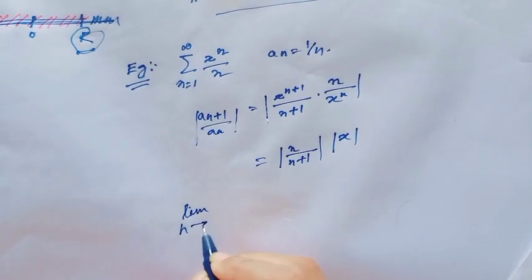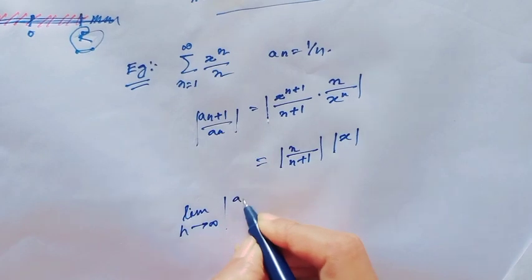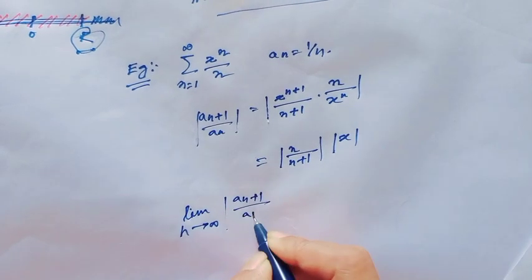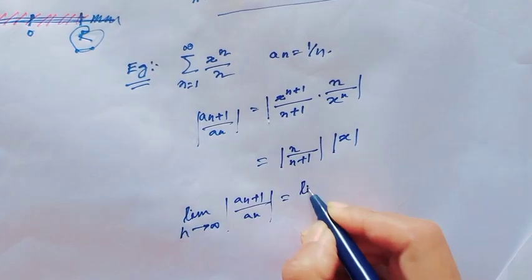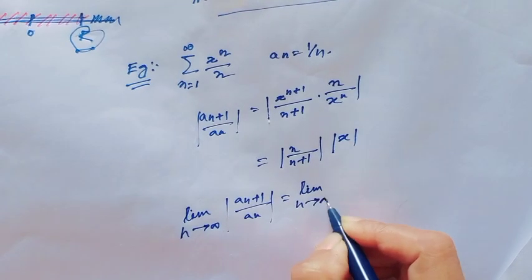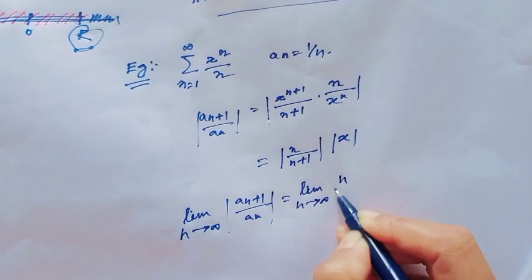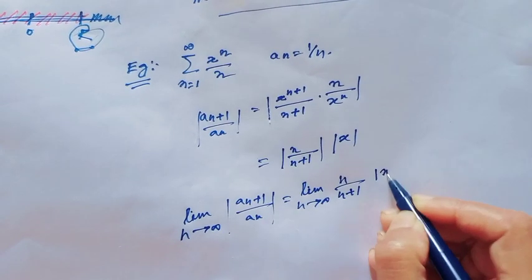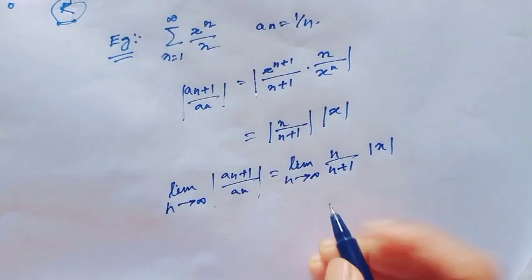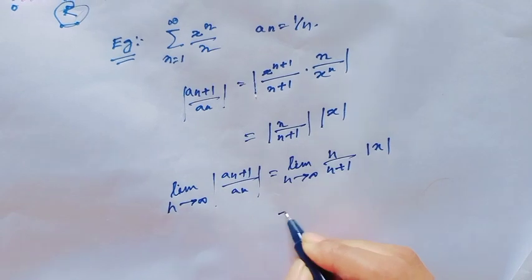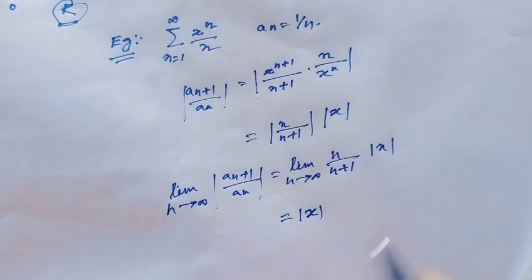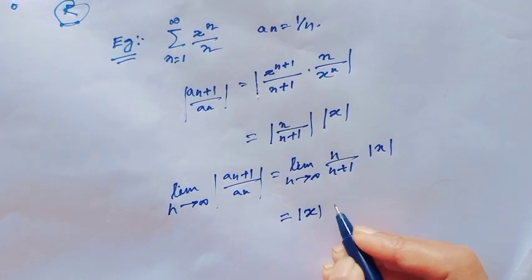Limit as n tends to infinity of the absolute value of a_(n+1) over a_n is equal to the limit as n tends to infinity of n over n plus 1 times the absolute value of x, and this limit is 1. This is equal to |x| times 1.